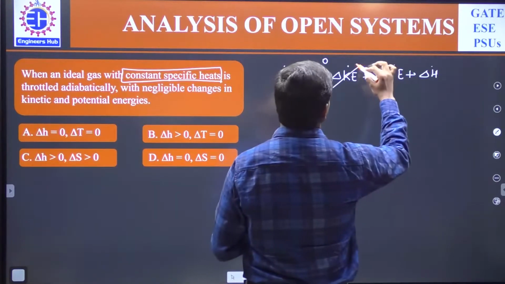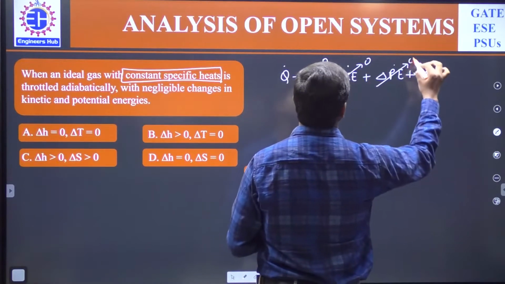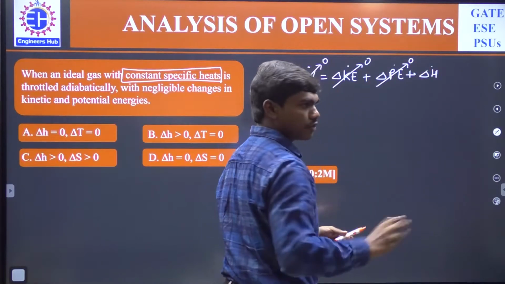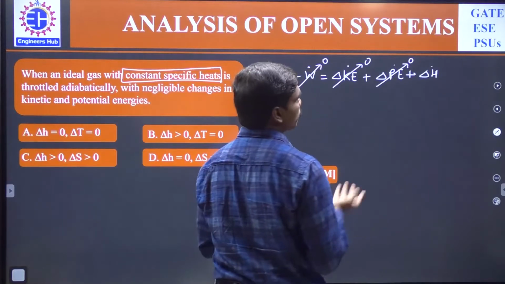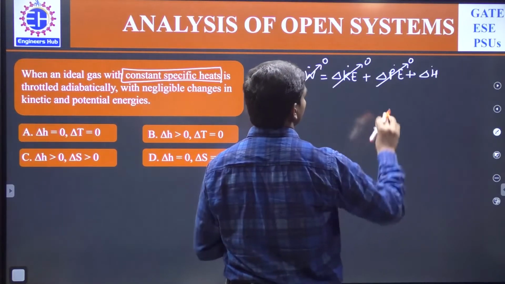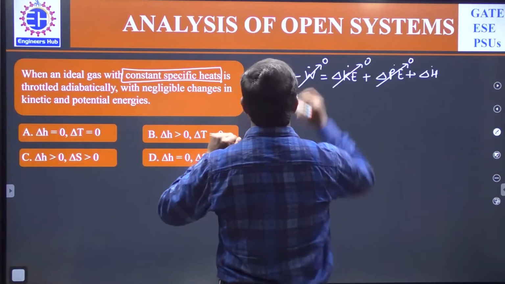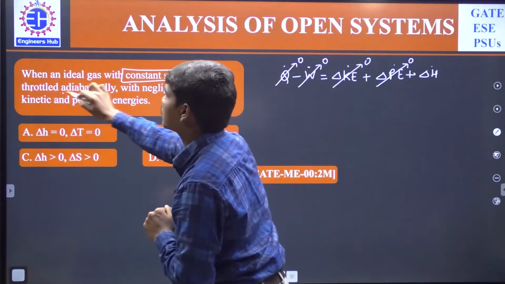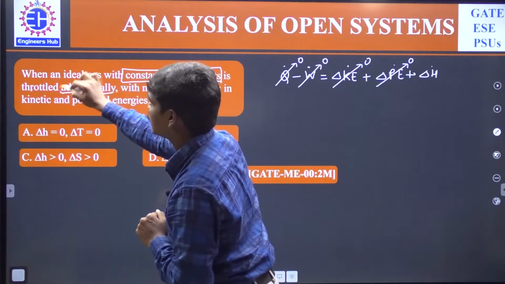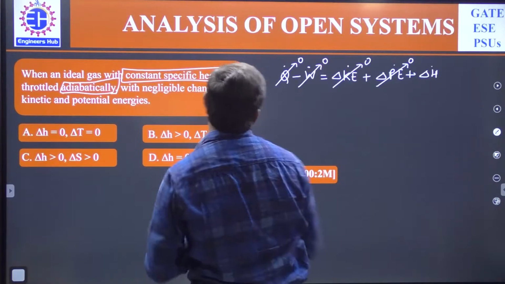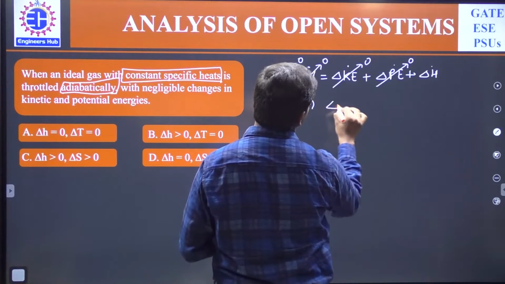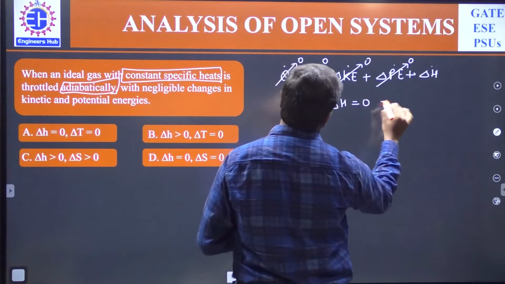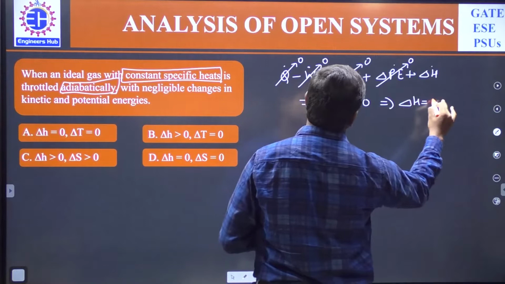Kinetic energy changes and potential energy changes are negligible in throttling, because for small throttling devices there won't be enough time for geometrically changing the positions of the particles. So Q dot is also 0 because it's given throttled adiabatically. Correct? It's given this word adiabatically in this system. So we have delta H dot is equal to 0, which implies delta H is also 0.